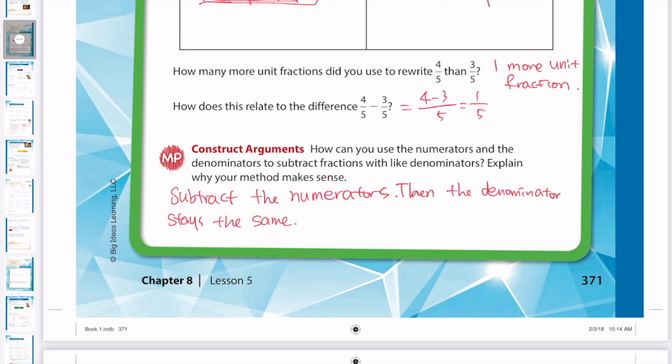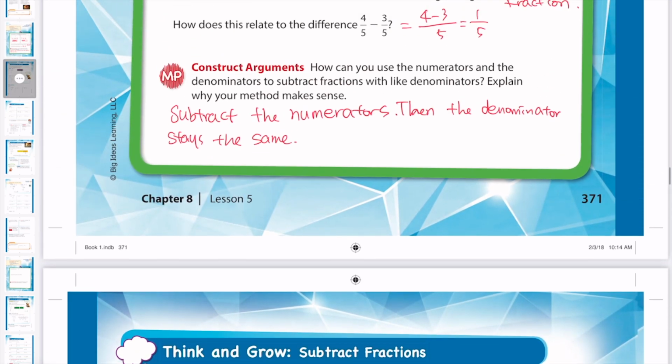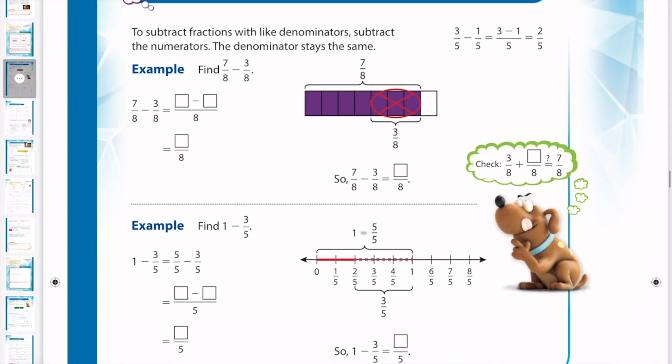Okay, because we are going to use the same sizes of whole, same parts, okay. So now to subtract fractions with like denominators, subtract the numerators only, and then the denominator stays the same. That's what we did just now, right?